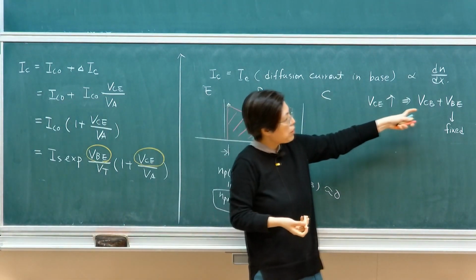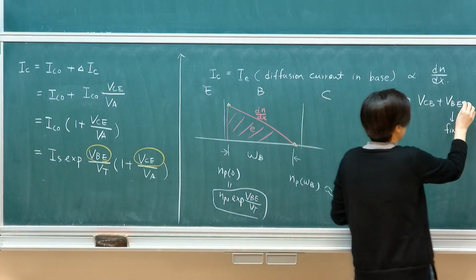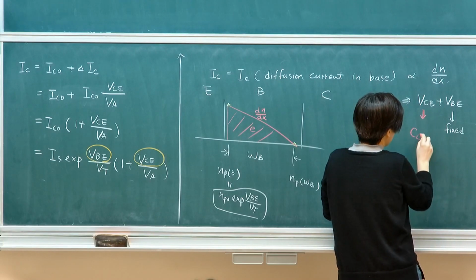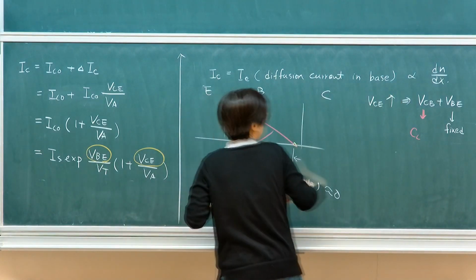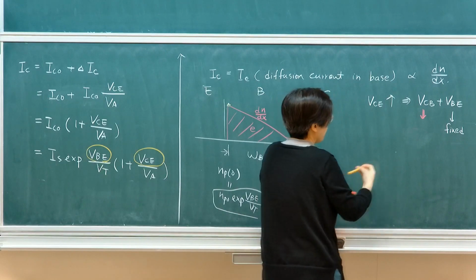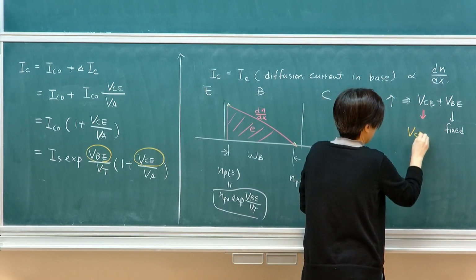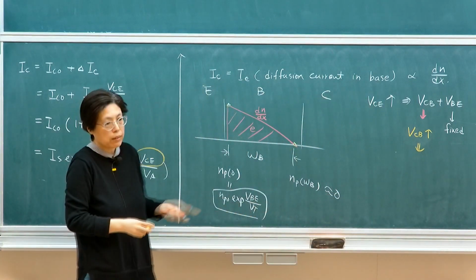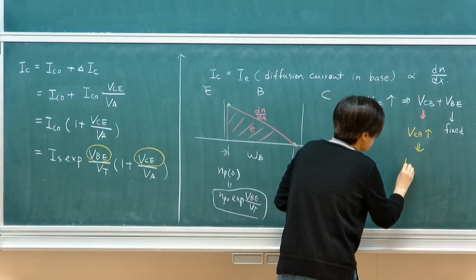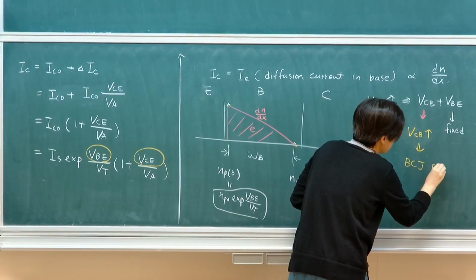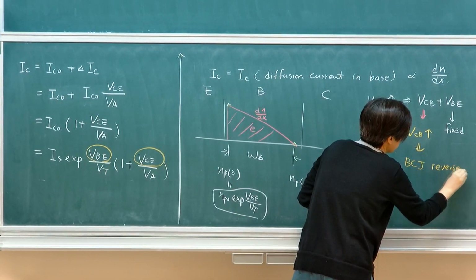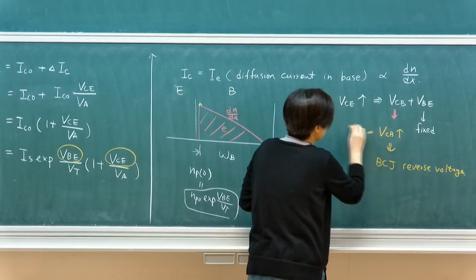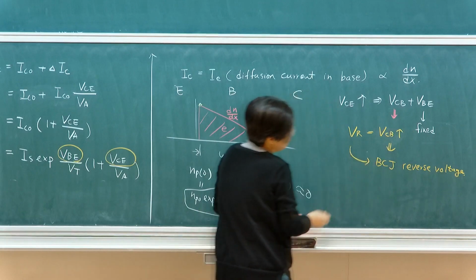And I'm starting to ramp this, meaning that this would imply your VCB increases. This is the reverse bias voltage, right? This is the reverse junction. So your VBC junction reverse voltage, which is the VR of the reverse-biased PN junction.